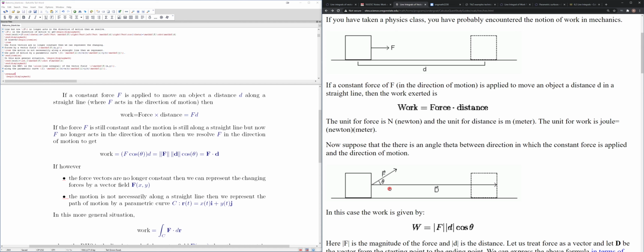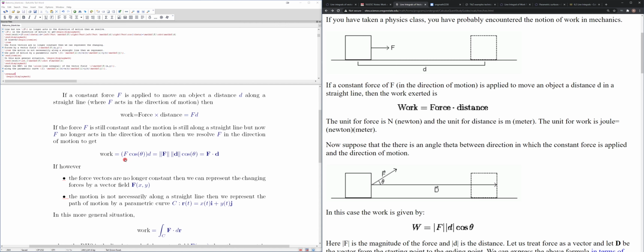Remember, you're resolving to get a horizontal component. So once you resolve the force in the horizontal direction, you're just using your result from up here, so you get F cos theta times d.